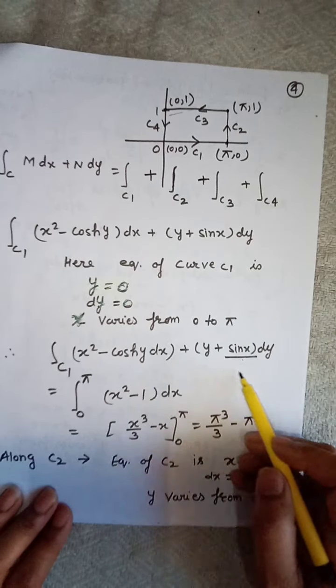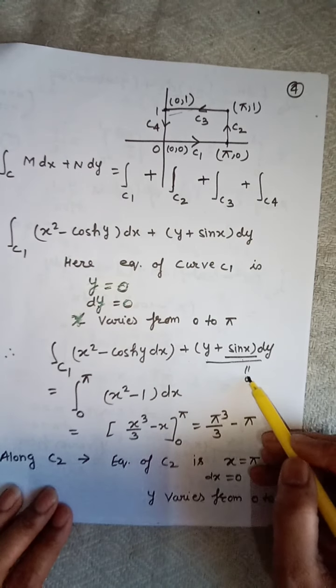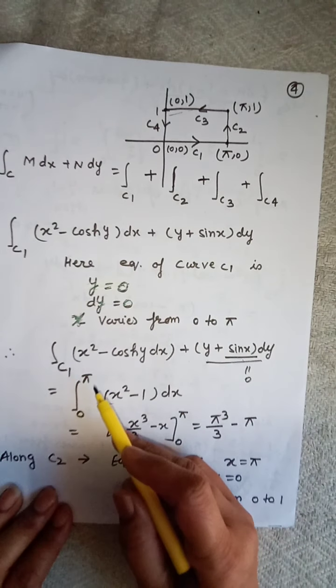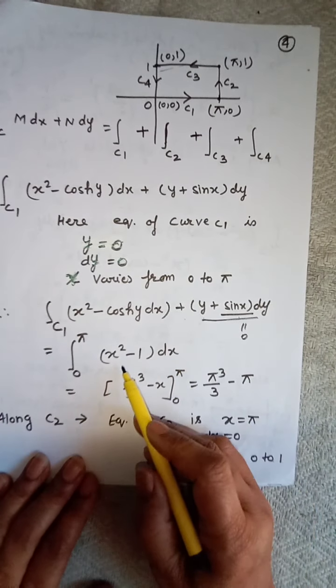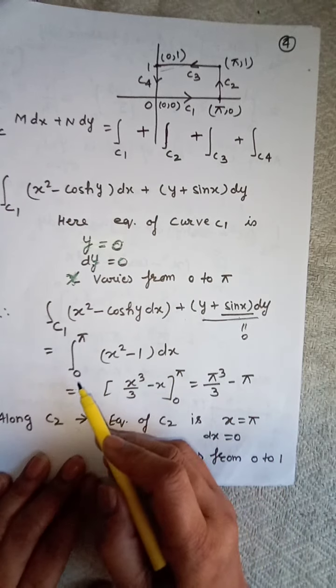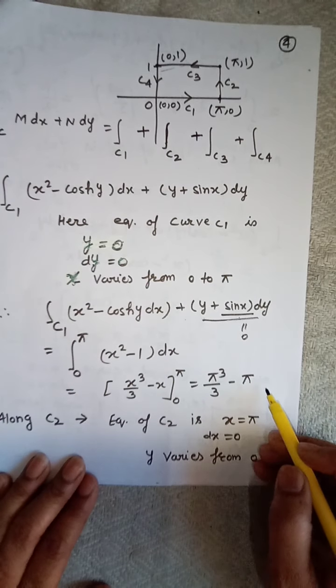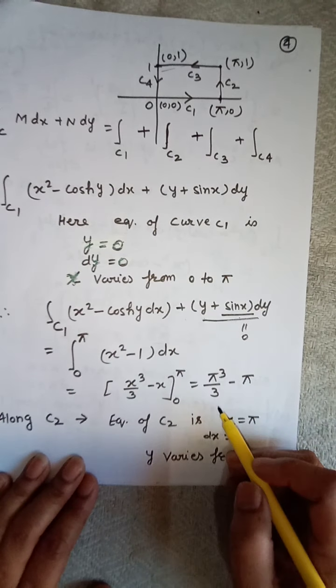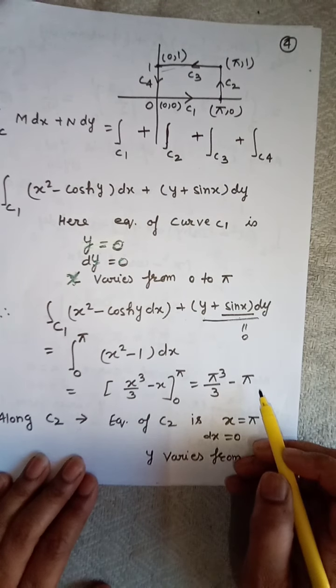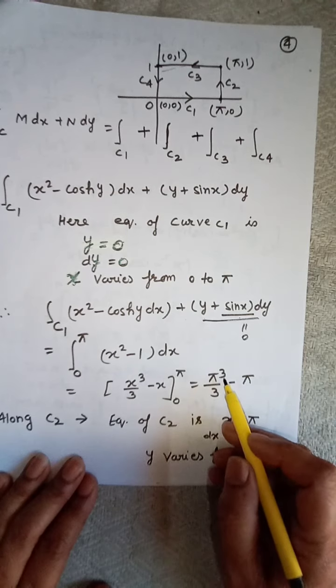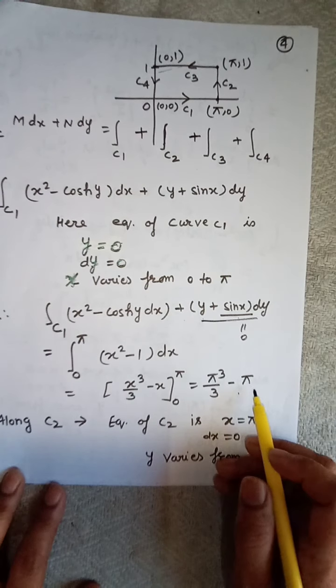So we have the integral from 0 to pi of x square minus 1 dx. Now integrate with respect to x and put the limit 0 to pi. We get the value pi cube by 3 minus pi. Means along the curve C1, the line integral is pi cube by 3 minus pi.